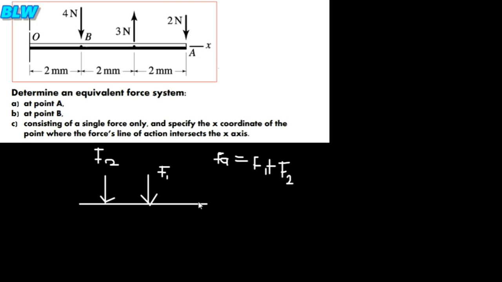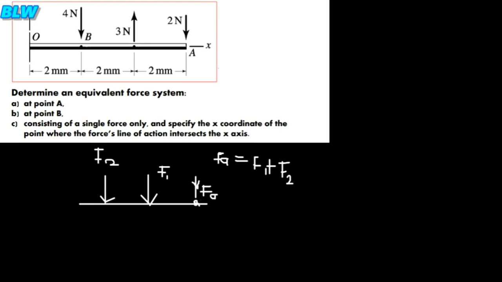You can represent this equivalent force on this line of action, and this will be my FA. Instead of writing these two forces, I've represented it with just this single force here.